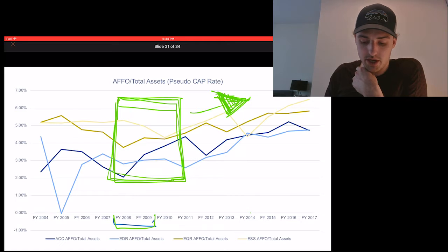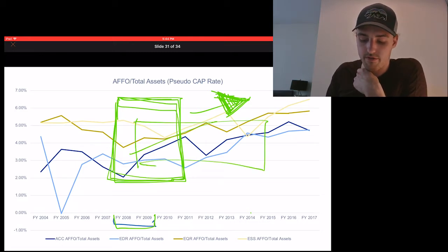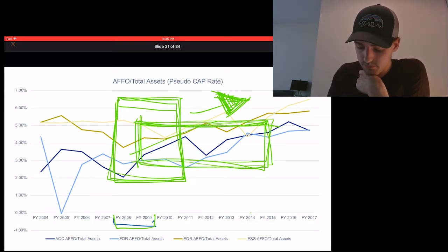So this is a really nice conclusion that really it was not horrible. The income producing ability of real estate during the crisis was not horrible and recovered pretty quickly after.